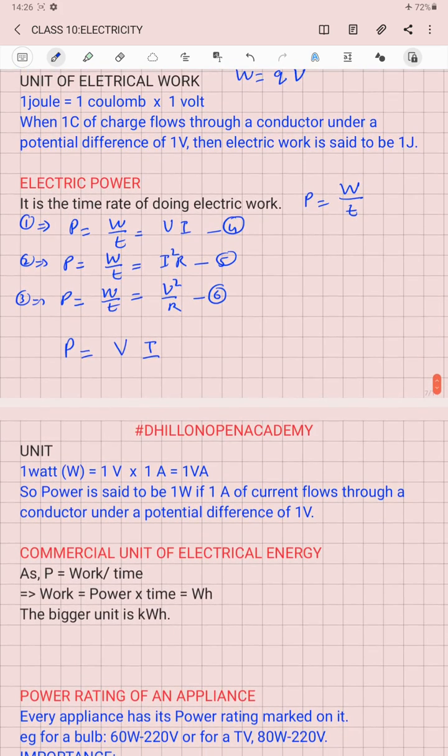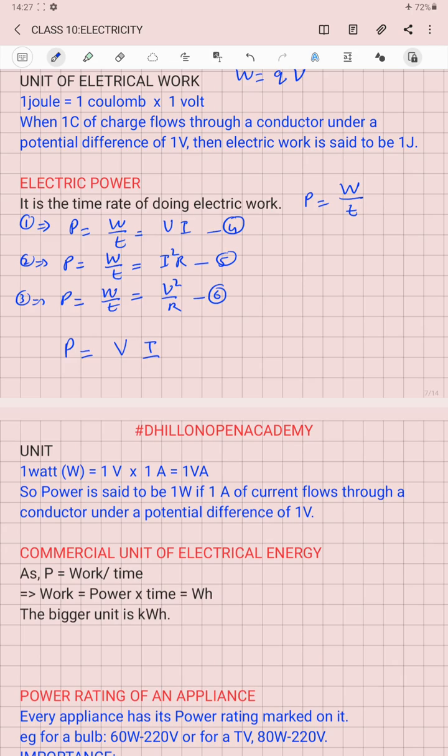Commercial unit of electric energy. For business purposes, the commercial unit of electrical energy is used. We know that power is equal to work over time, so work will be equal to power into time. So if we take power in the unit of watt and time in the unit of hour, then the commercial unit of electrical energy becomes 1 watt hour.